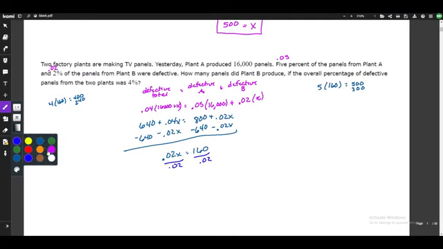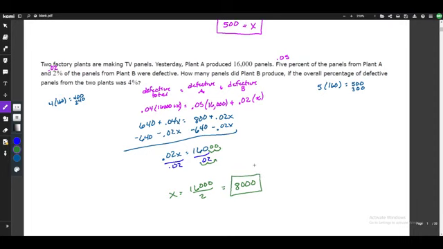Yet again, I don't want to have the decimal in the fraction, so I'm going to move my decimal here, 1, 2. So this is x equals 16000 divided by 2, which is just 8,000. So 8,000 panels, and X was what my B was. So I have 8,000 panels in plant B made.